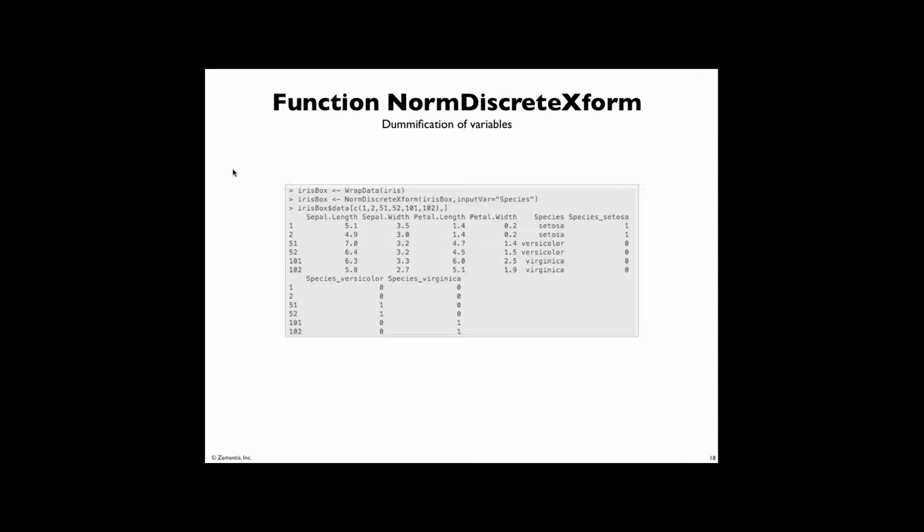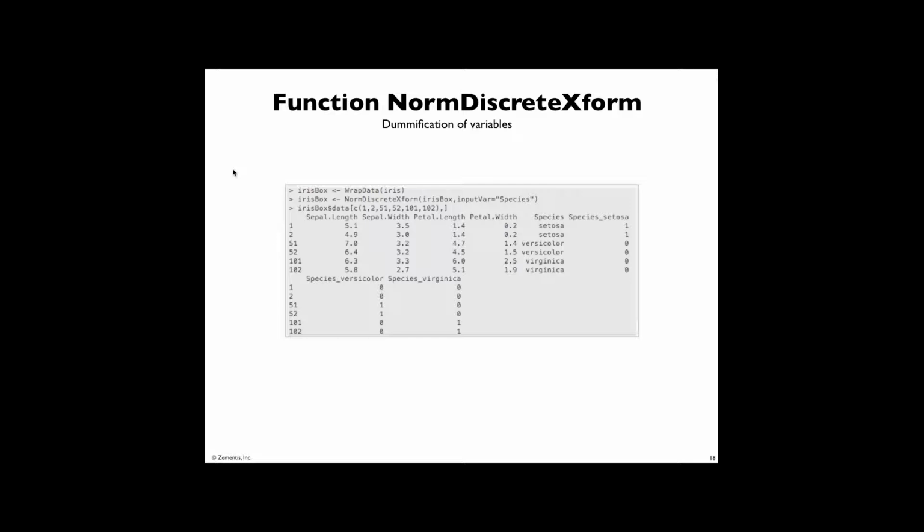The format for this function is simple. You just say norm discrete transform, the transform object iris box, and the discrete variable you want to apply this function to. So we say species. What this will do is find all possible categories of the raw data species, and for each one make a derived field.